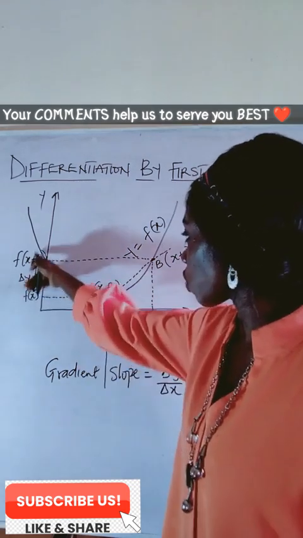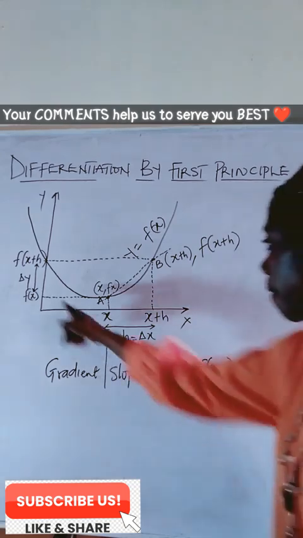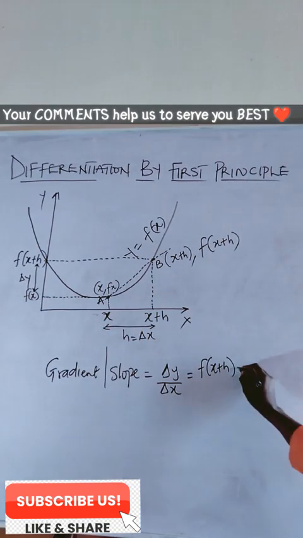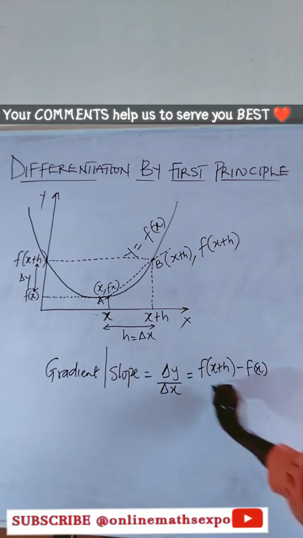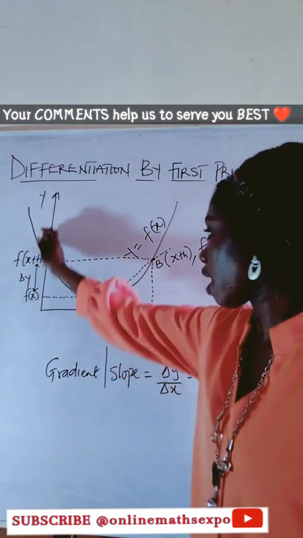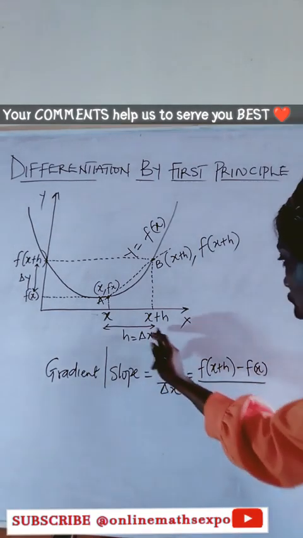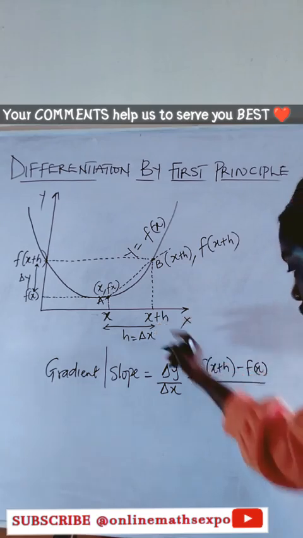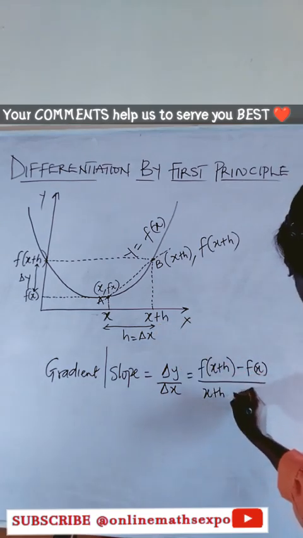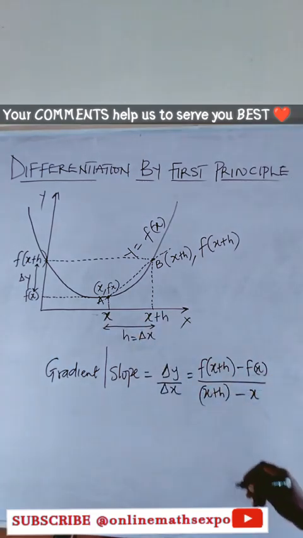Our change in y is what we have here, which is f of x plus h minus f of x, all over our change in x. Then what is our change in x? Our change in x will be the increase, which is x plus h minus this x. I hope that is clear.